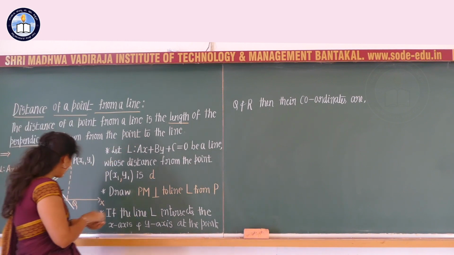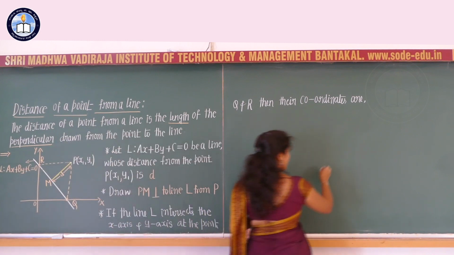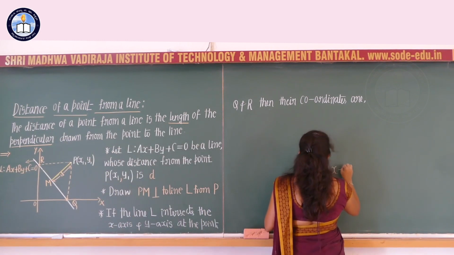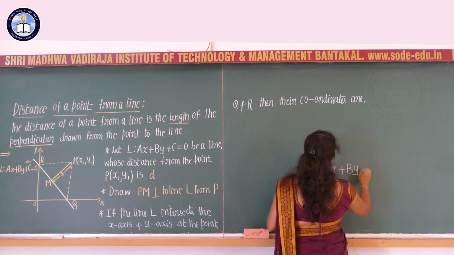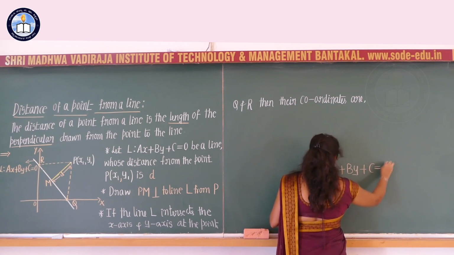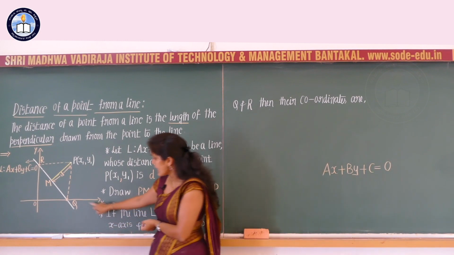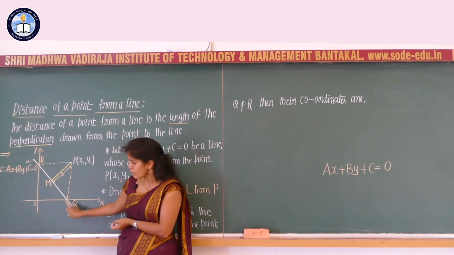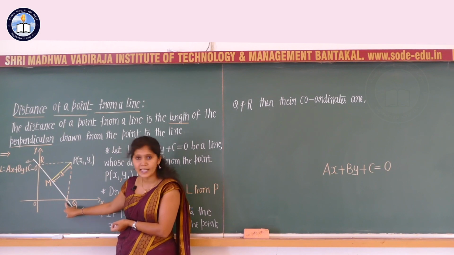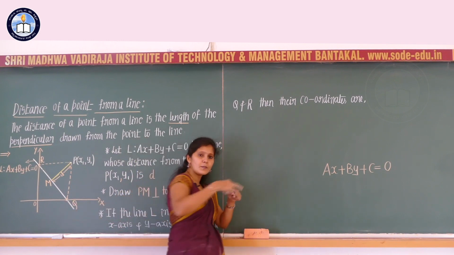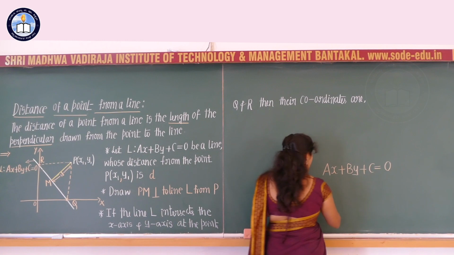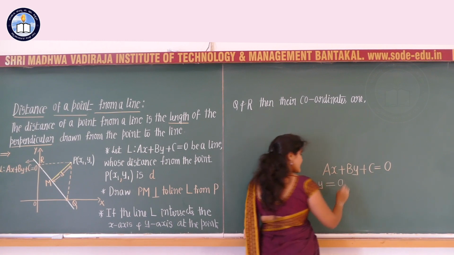So here we know the equation of the line L. Equation of the line L is A into x plus B into y plus C equal to 0, right? What is meant by the line cuts the x-axis at the point Q? The point Q lies on the x-axis, so its y coordinate is 0.